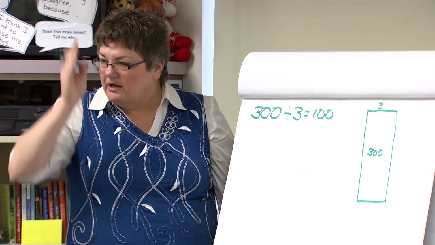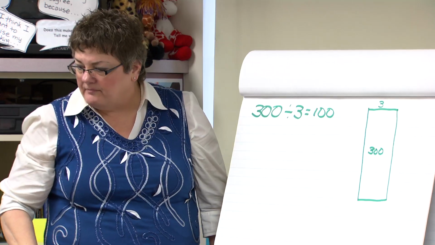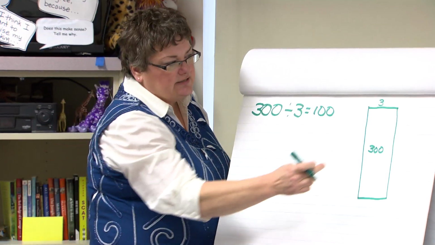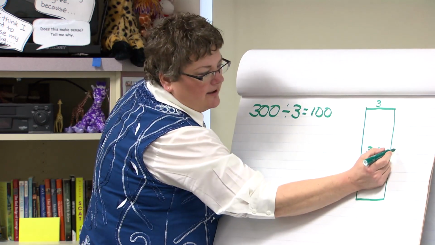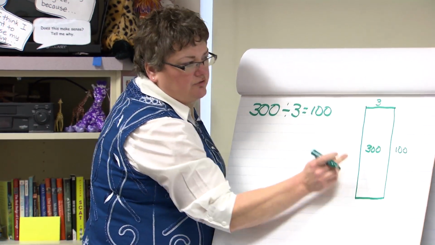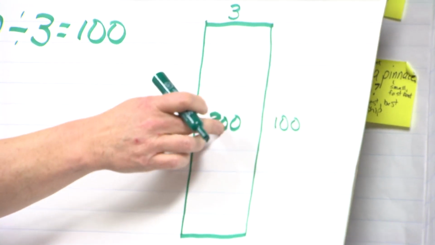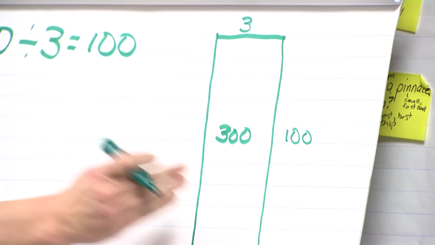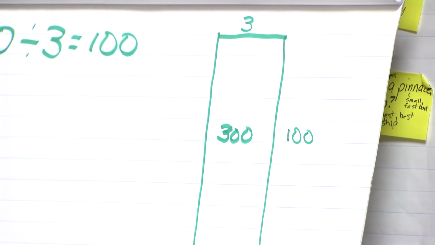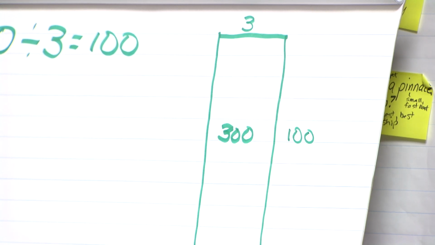So there's 3 columns, right? And so what you're telling me, Nation, is how many are right here? 100. So this is 3 times 100 is 300, but 300 divided into 3 columns, there's 100 in each column, right? Yes. Okay, so here comes another part.